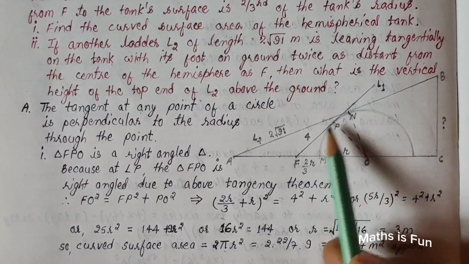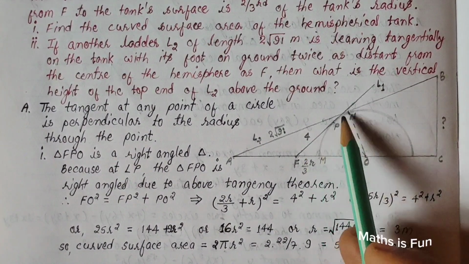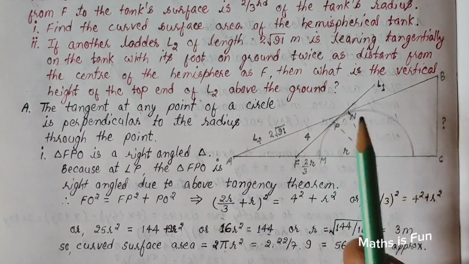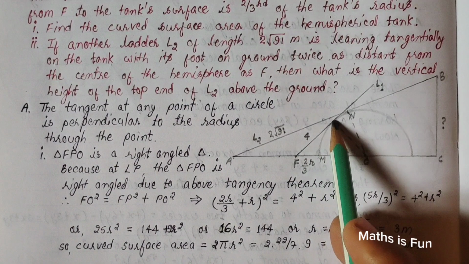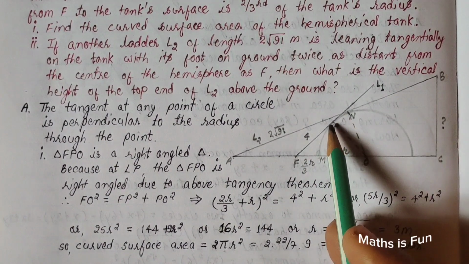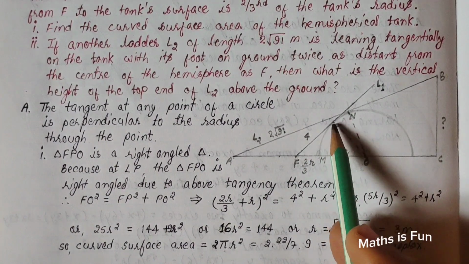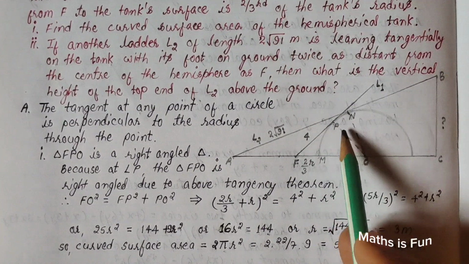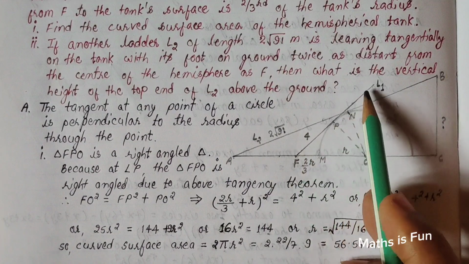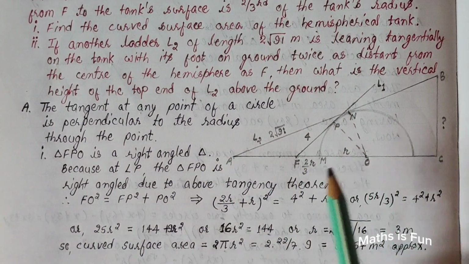In this case, if you take this line L1 and this hemisphere, there is only one point of contact between this ladder and this hemisphere, that is P, and the radius which passes through this point of contact to the center is always perpendicular to this tangent. So you have to keep this theorem in mind.